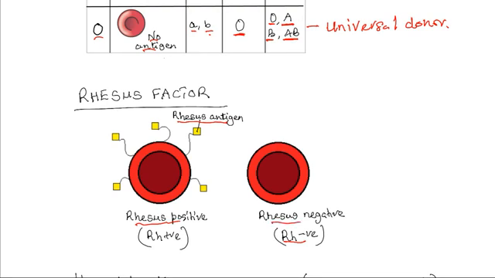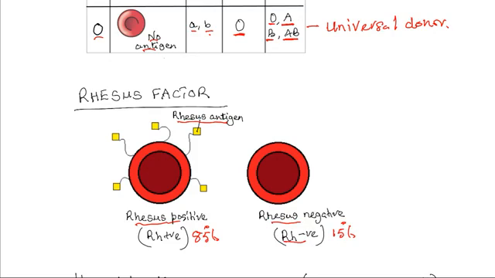Now, on average, about 85% of the population are Rhesus positive, and only about 15% are Rhesus negative.